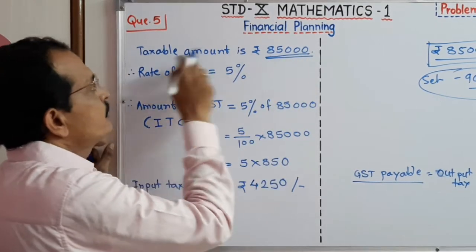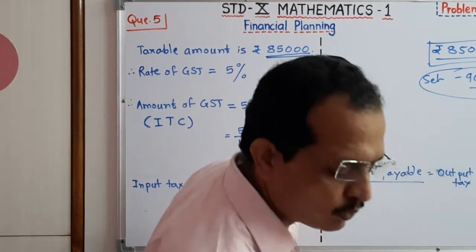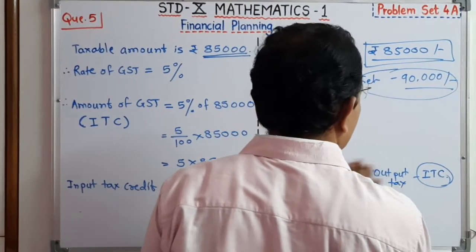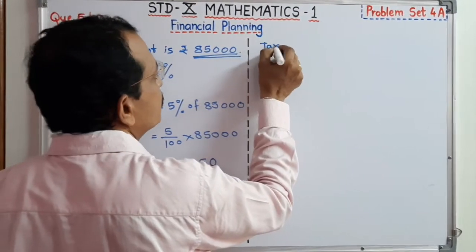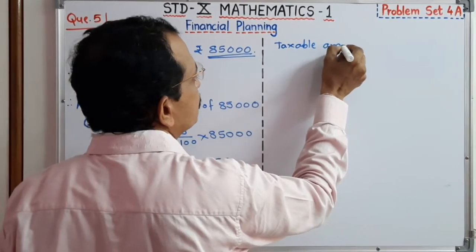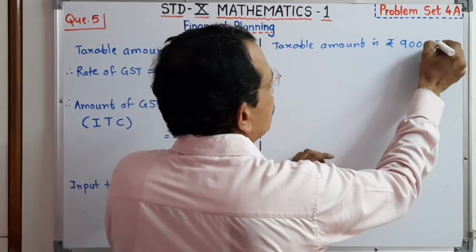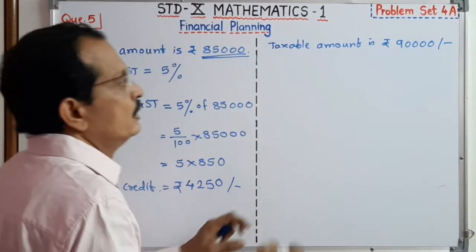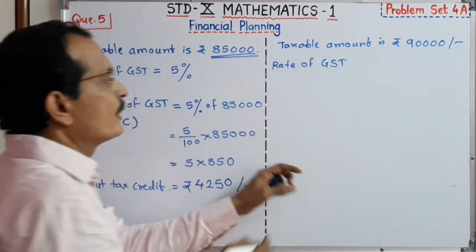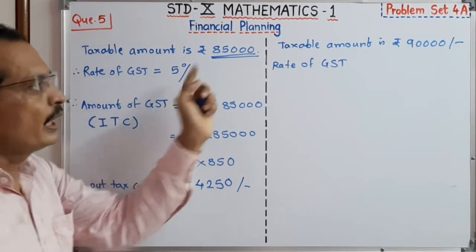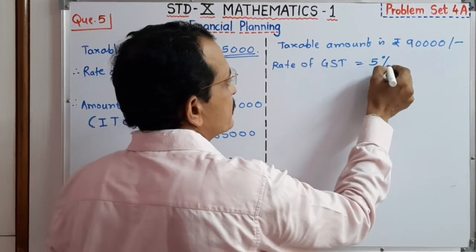At the purchase time, the taxable amount is 85,000. Now, dear student, we have to find out the output tax. Now, taxable amount is rupees 90,000 and rate of GST is same. At the time of purchase it is 5%, at the time of selling it is also 5%. Rate of GST is equal to 5%.